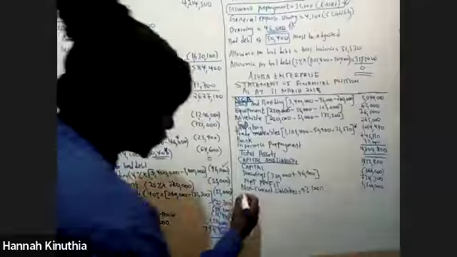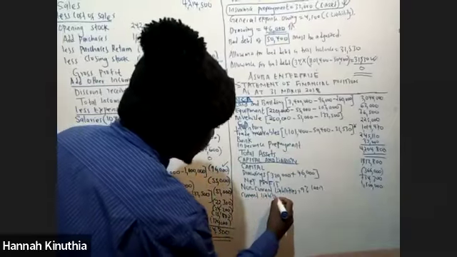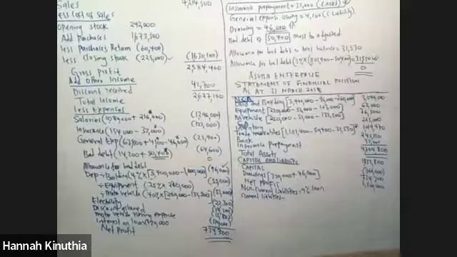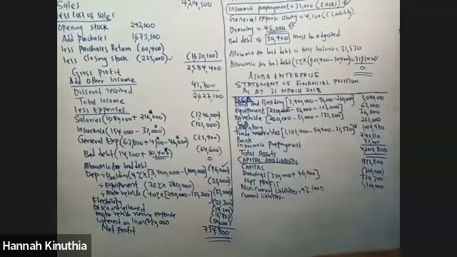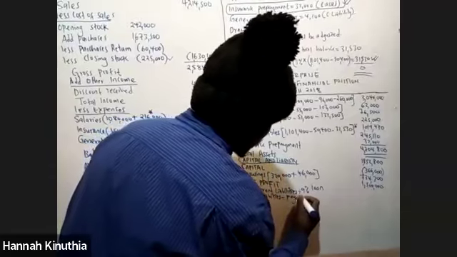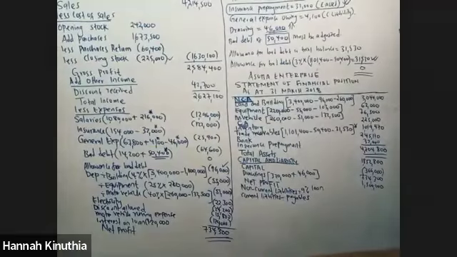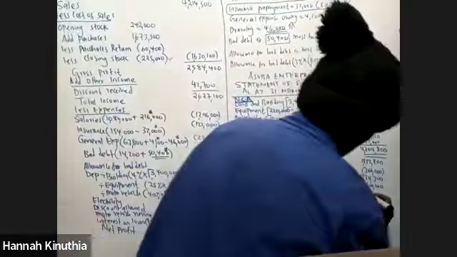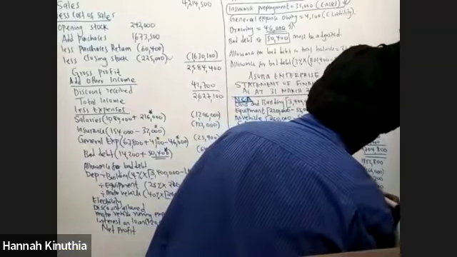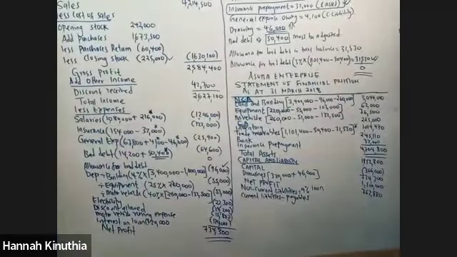Then current liabilities. So current liabilities, we have the payables. For our question, trade payables are up there: 762,880.